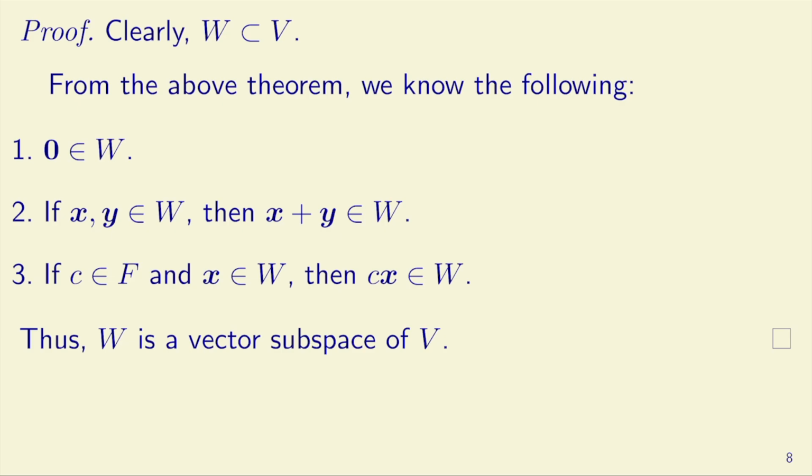So if x and y belong to W, then x plus y belongs to W. And finally, the scalar multiple of a linear combination is a linear combination. So if c is a scalar from F and x is a vector from W, then c times x belongs to W. These three conditions confirm that W is indeed a vector subspace of V.